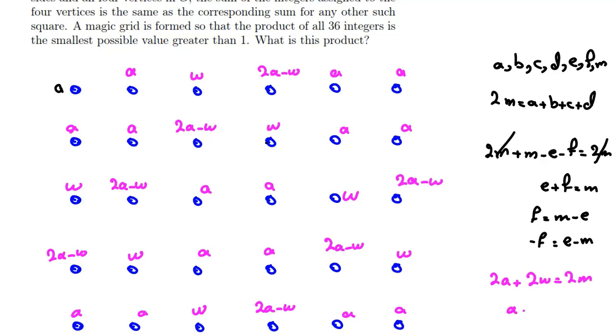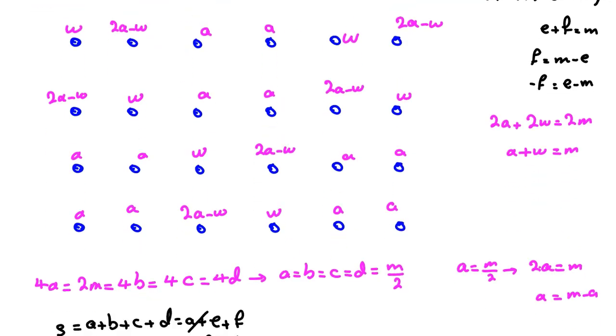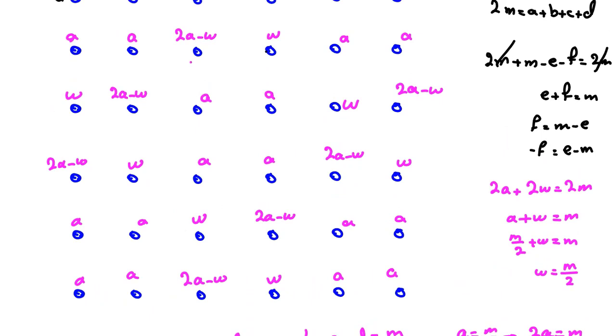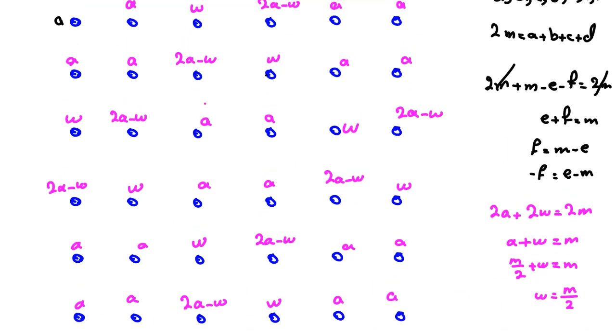So we can conclude A plus W equals M. We said A equals M over 2. So M over 2 plus W equals M. So W equals M over 2. Okay, so let's go up and consider the numbers again.